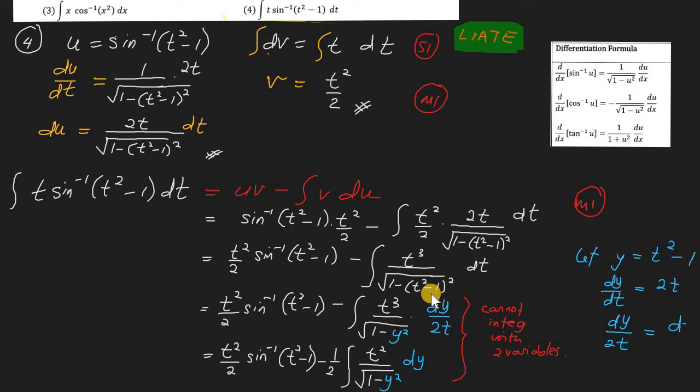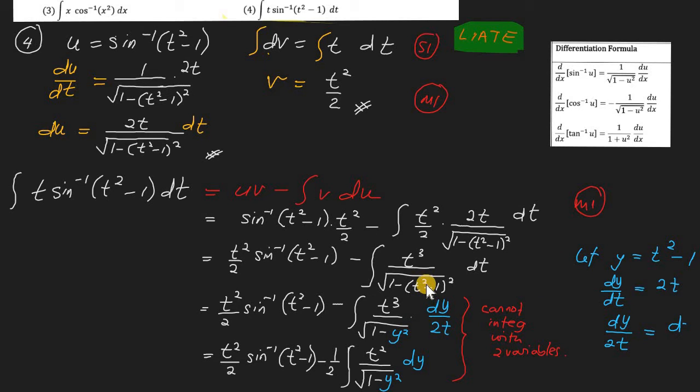It's quite complicated, right? Here I'm trying to use a simple u substitution. I call it y: I take this portion, t squared minus 1, to be y.